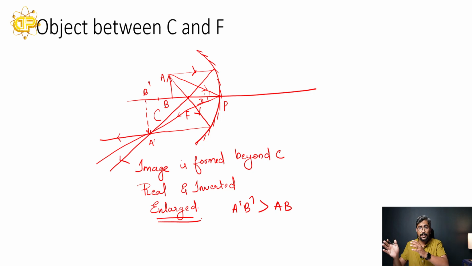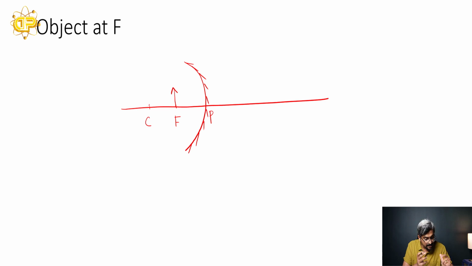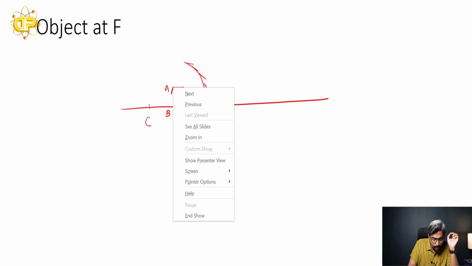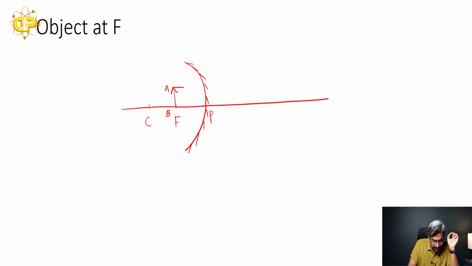So moving on directly to the next case, that is the object is placed at F. What will happen there? This is the scenario that the object is placed at focus now. Here again the object is AB. From this particular point A, a ray is passing parallel to the principal axis, so definitely it will move through the focus and move like this.